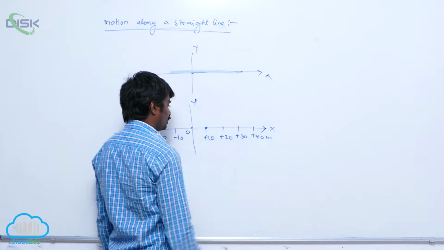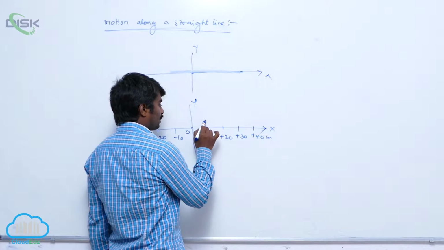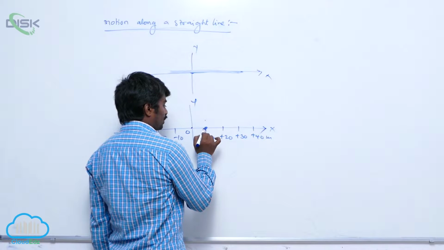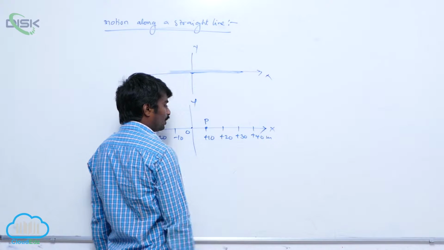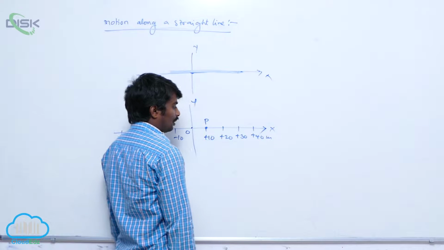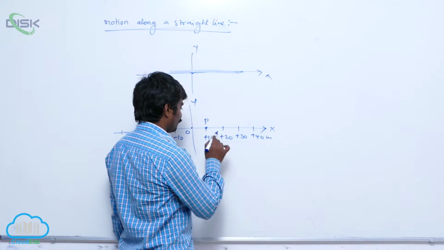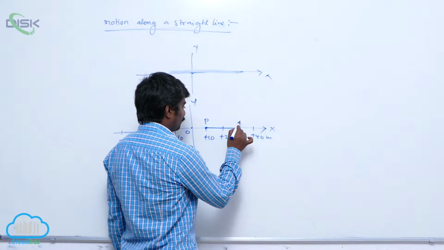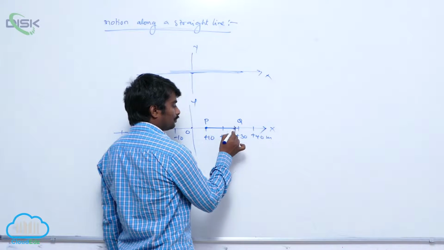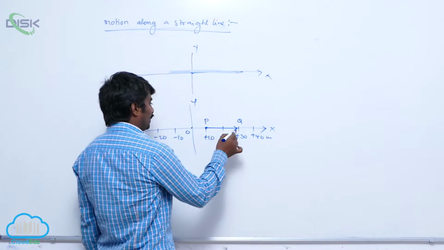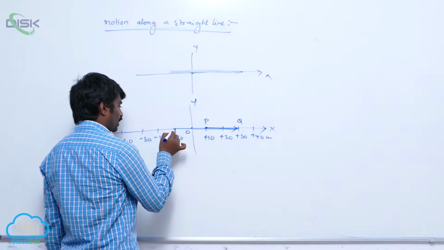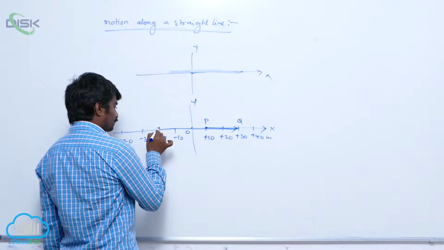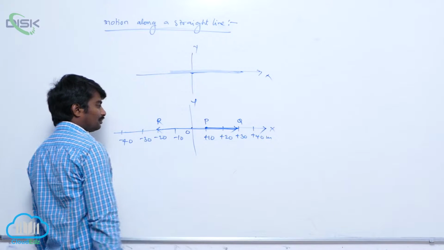It is in meters. Here is the initial position of the object at point P. Next, it goes to point Q. Then it comes back to point R.